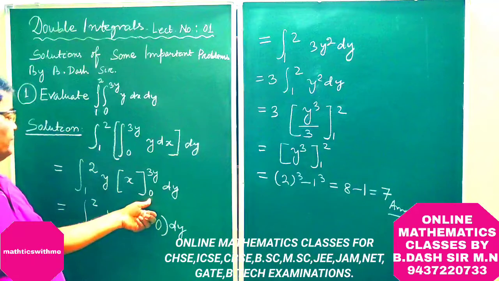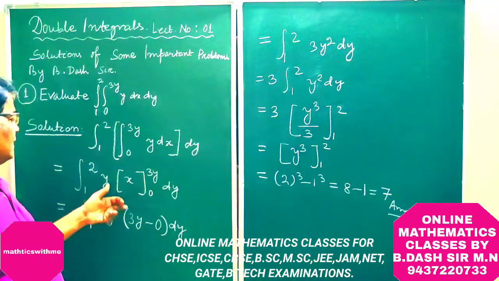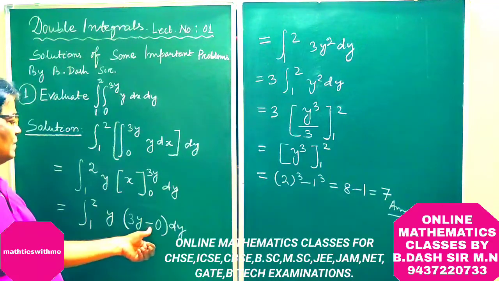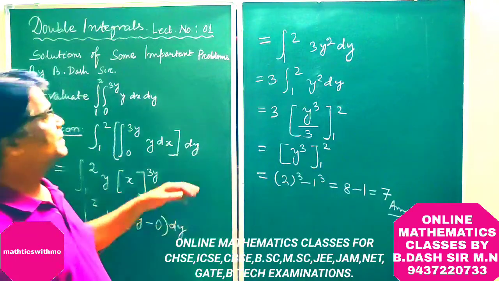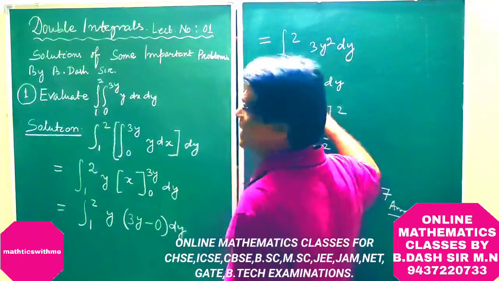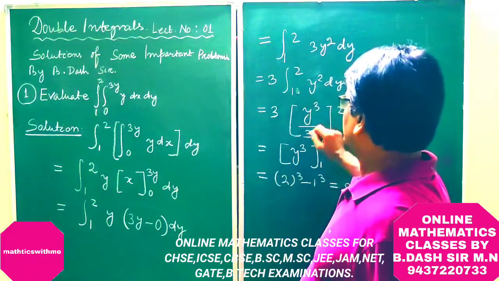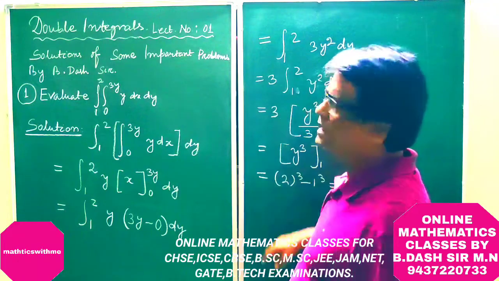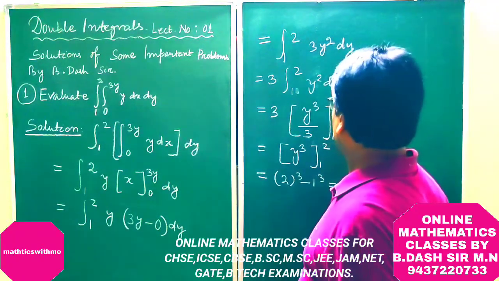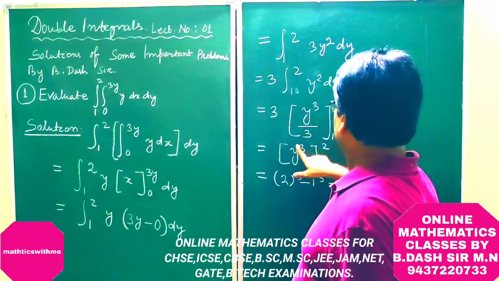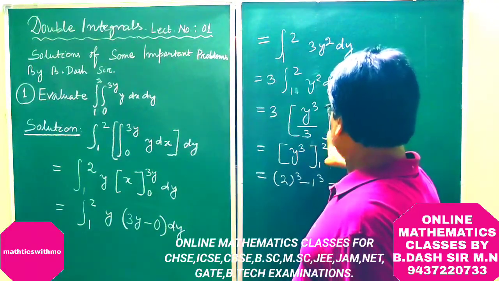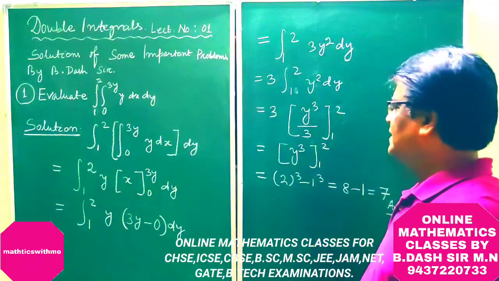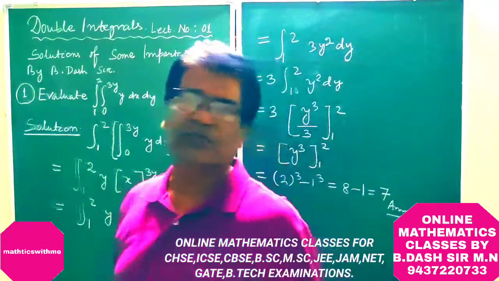Putting upper value 3y minus lower value 0, after simplification we get 3 times integration from 1 to 2 of y square dy. This is 3 y cube by 3, because integration of y square with respect to y is y cube by 3. The 3 cancels. With the upper limit, 2 cube minus 1 cube, which is equal to 8 minus 1, that is 7. So our first question is solved.